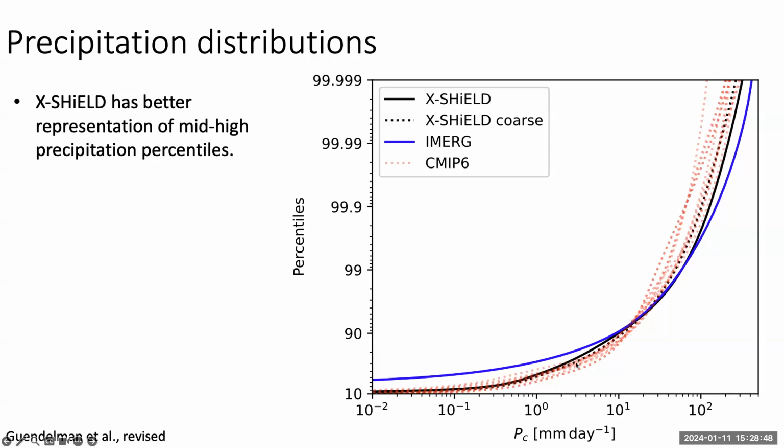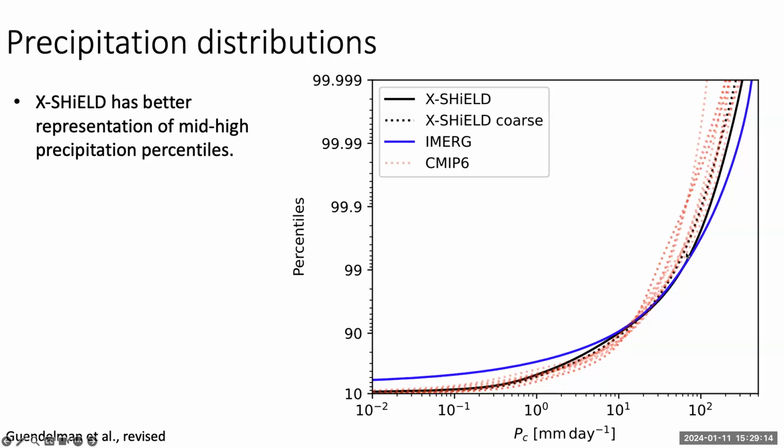And we can see that first of all, like we've seen before, X-Shield has too much drizzle, but when we are looking at everything between 10 and 100, at the native resolution, it looks like IMERG and X-Shield have a very similar distribution.